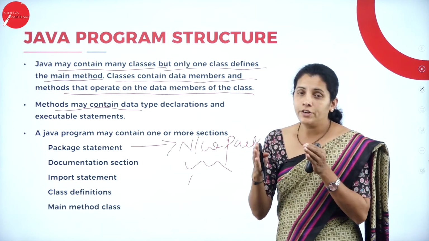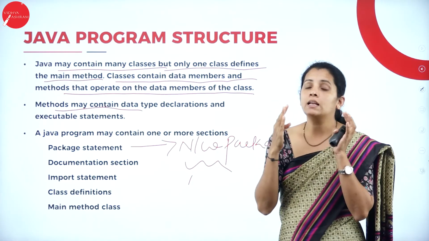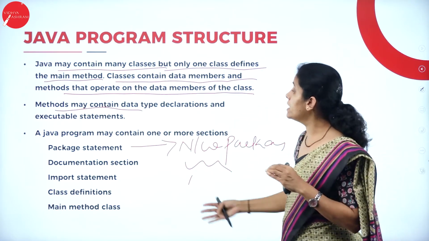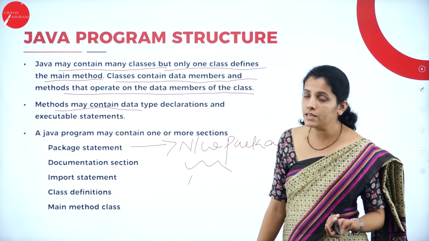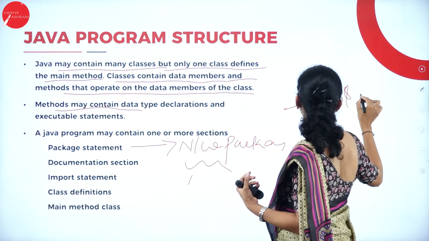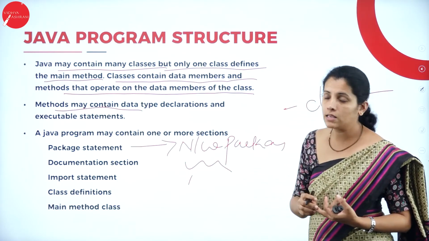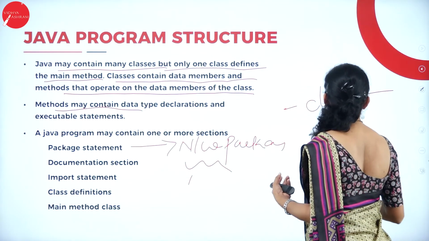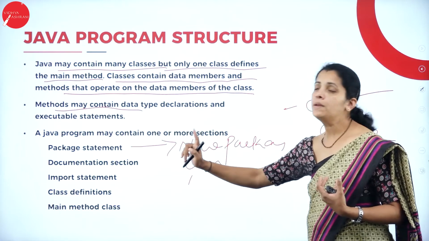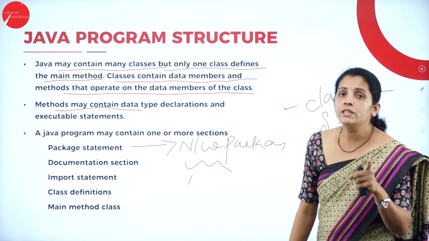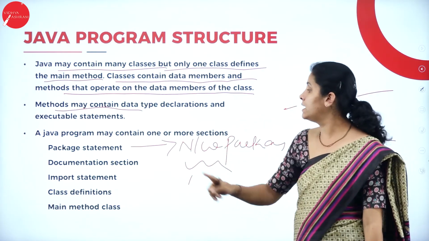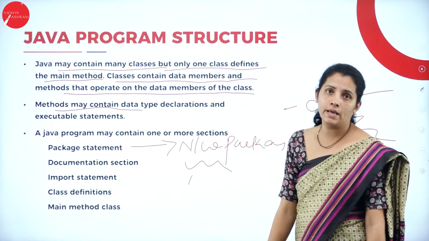Then what is class definition? In the class definition, we are going to write the complete class. That is, I'm going to write the keyword class and define my class name, and inside that I'm going to write the class definition. Then I'm going to have the main method class. Throughout the program, I can have only one main function and that is written in the main method class.